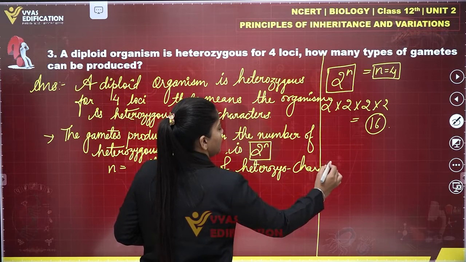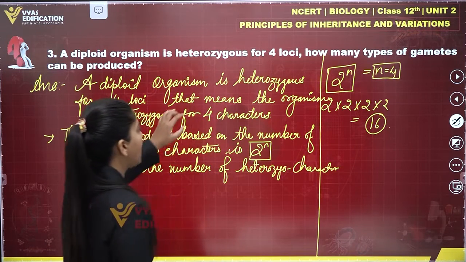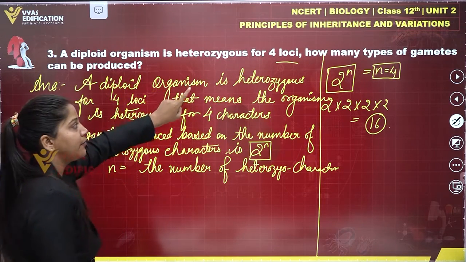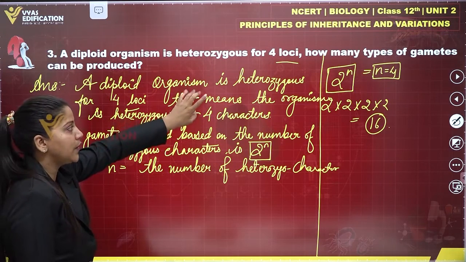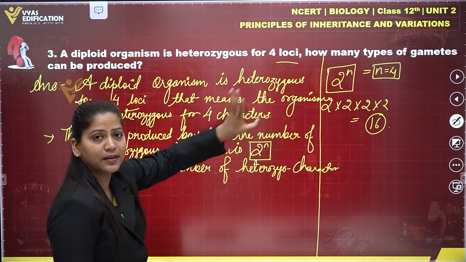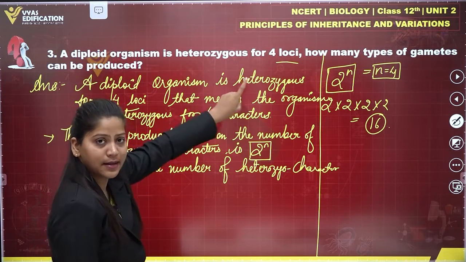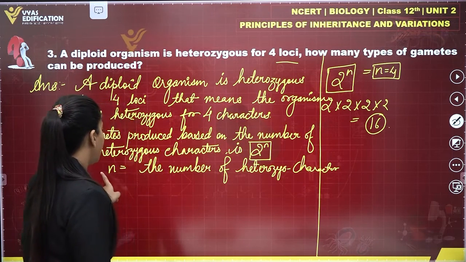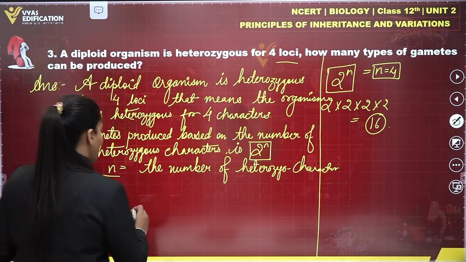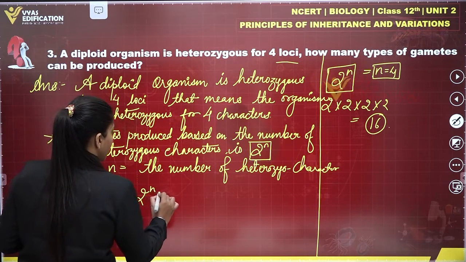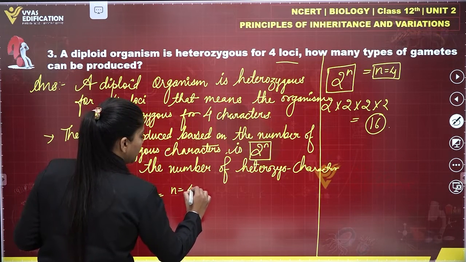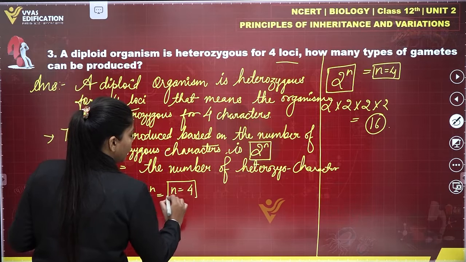So according to this question, we have 4 loci. A diploid organism has 4 loci, so that means it has 4 heterozygous pairs, heterozygous characters. So n is the number of heterozygous characters, and n is equal to 4.